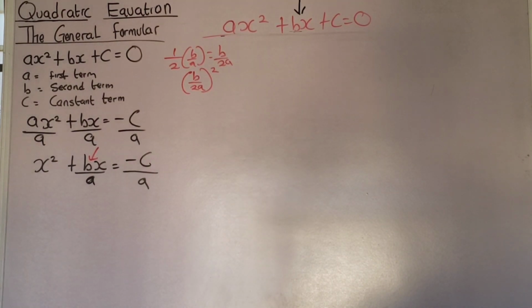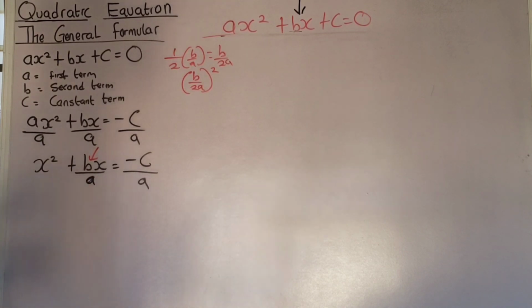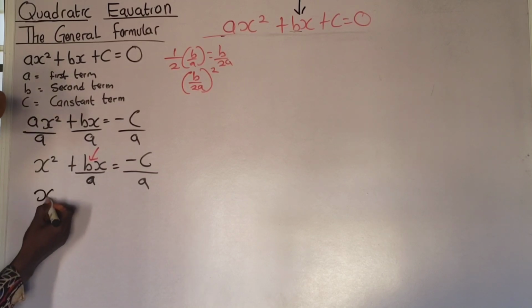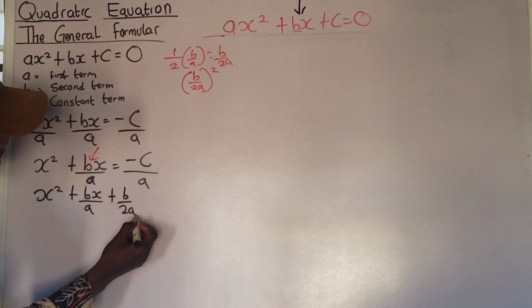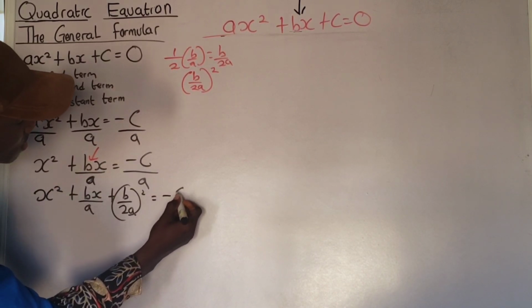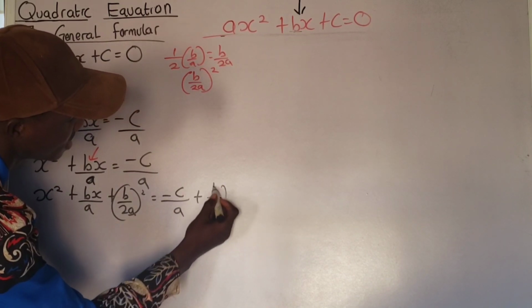When we were dealing with how to solve quadratic equations using completing the square in our previous class, you know that we came across something like this. Taking the half of the second term, then squaring it, then adding it to both sides of the equation is the same thing I did here. So here I'm going to have x squared plus bx all over a plus b over 2a squared equals negative c all over a plus b over 2a squared.